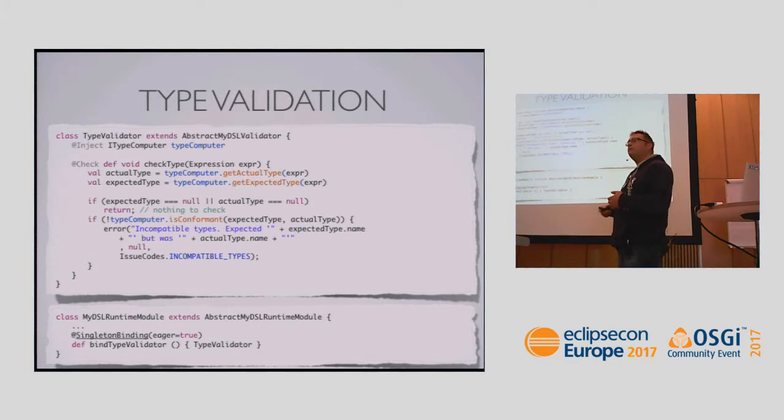Can they be computed? For some shortcuts, maybe you can say, okay, I can't compute this for that kind of expression. But if you are able to compute both the actual and the expected type of the expression, then you can check, are they compliant? And if they are not compliant, you raise an error. That's actually what's behind validation.